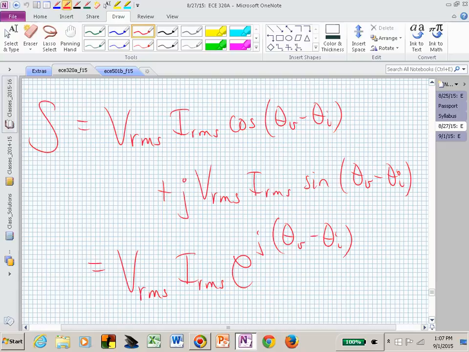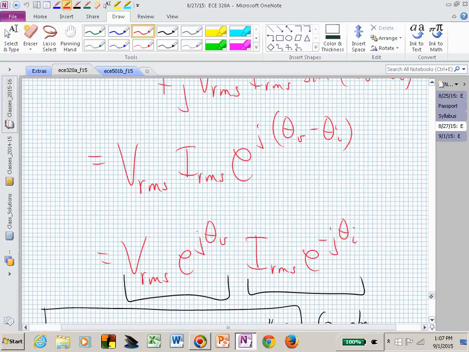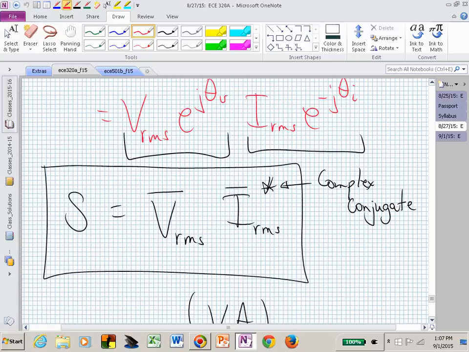So now we have V, I, those are just numbers, e to the j theta sub v minus theta sub I. If we collect those two pieces and associate the angle of our voltage with the magnitude of the voltage, the angle of our current with the magnitude of the current, but now we have a negative of our current angle. And to obtain that from just the angle of the current, we can negate that by doing the complex conjugate. And that's how we justified this expression for complex power.